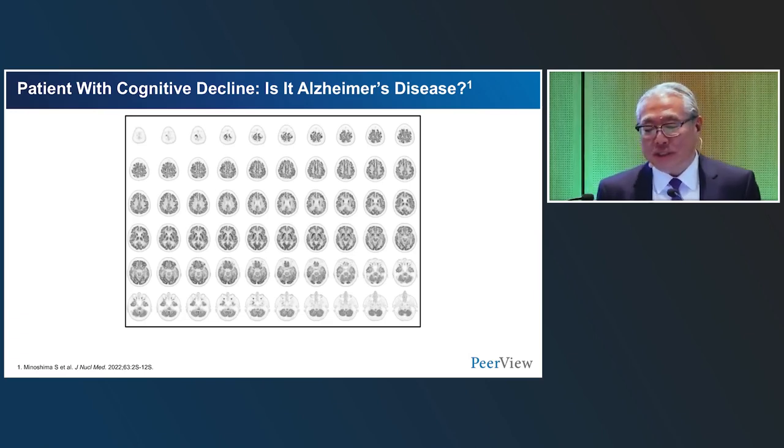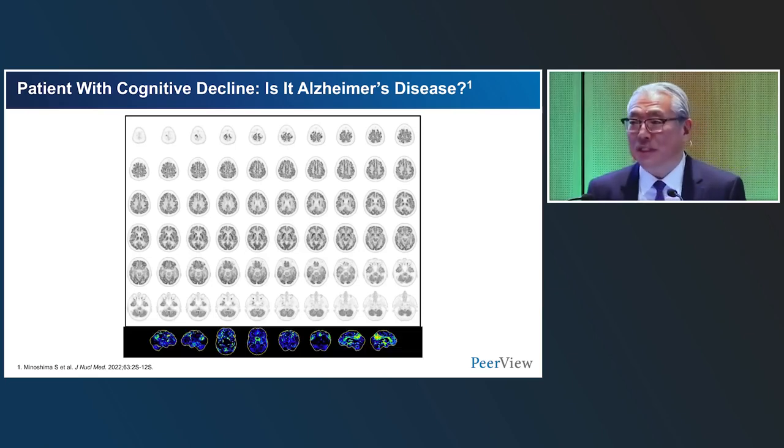How does this work? In this case, there is cognitive decline, and the clinical question is Alzheimer's disease or not. If you're really experienced with FDG scans, maybe you can see some subtle changes, but it's very hard to say this is normal or abnormal. Then we do a statistical mapping.